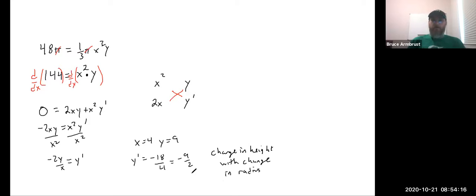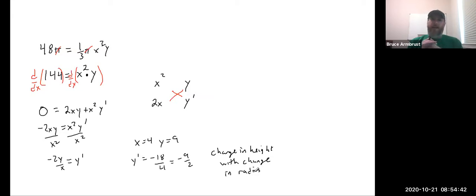First and foremost, it's a negative number. So negative number means that this height is decreasing. Well, that makes sense, right? For a cone of fixed volume, if the radius is getting bigger, the height has to be decreasing. So the fact it's negative feels good.